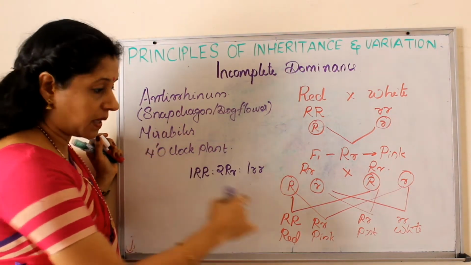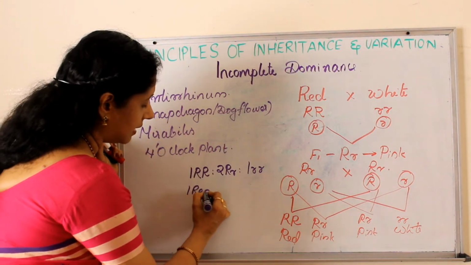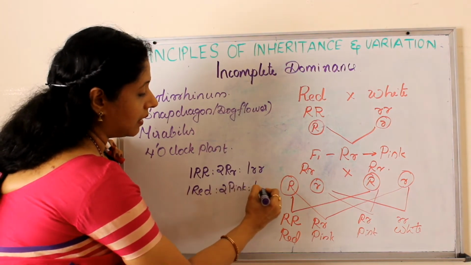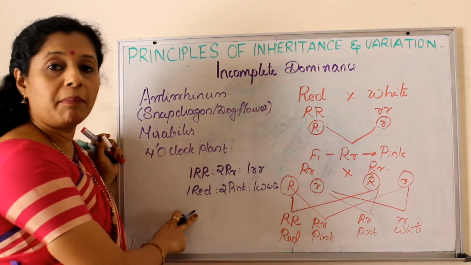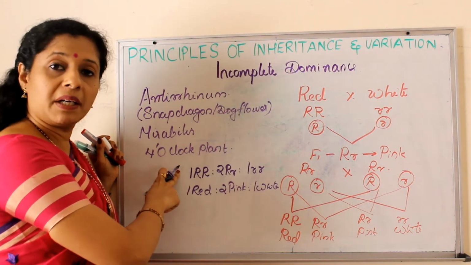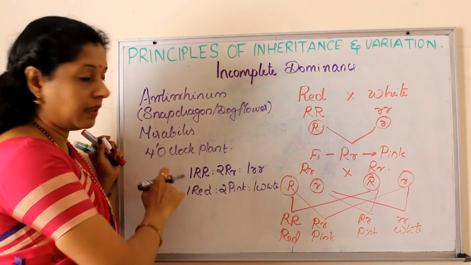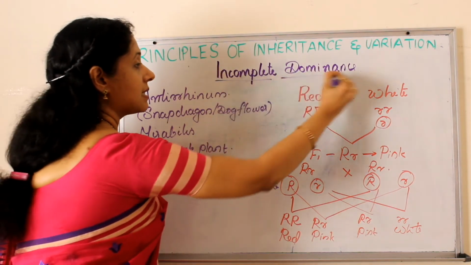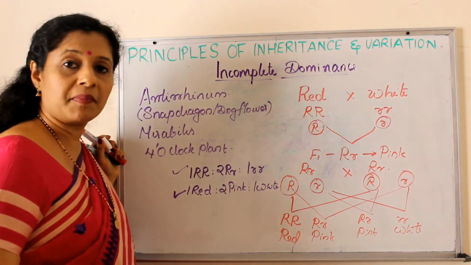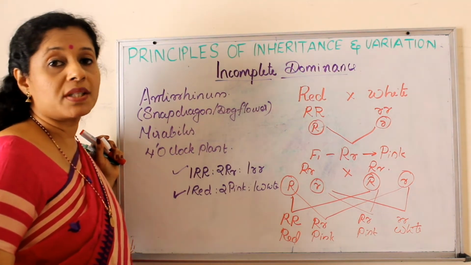There we got 3 is to 1. Here, 1 red is to 2 pink is to 1 white. So, phenotypic ratio is deviating from Mendel's ratio, whereas genotypic ratio is the same. But here, in incomplete dominance, both genotypic as well as phenotypic ratios are the same. What is it? 1 is to 2 is to 1.